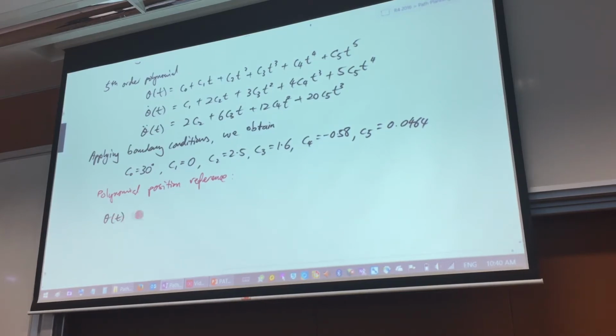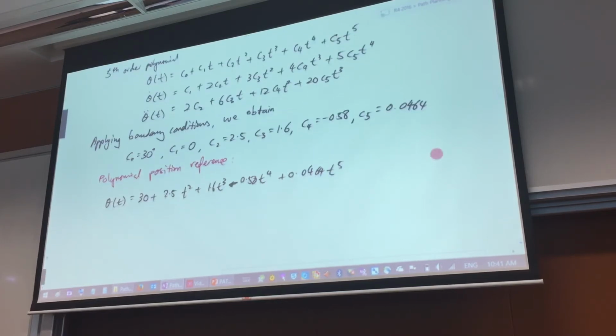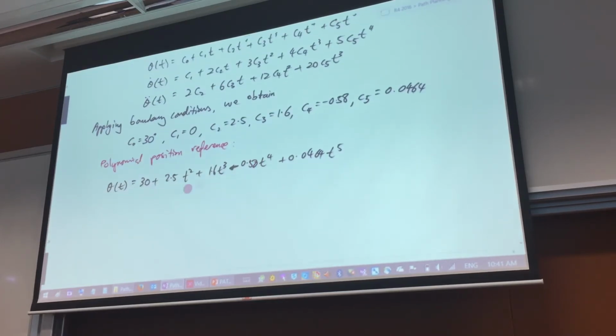So I'm going to put all the coefficients together. Theta t equal to 30 plus 2.5 t squared plus 1.6 t cubed minus 0.58 t to the power 4 plus 0.0464 t to the power 5. And it's just a polynomial position reference.